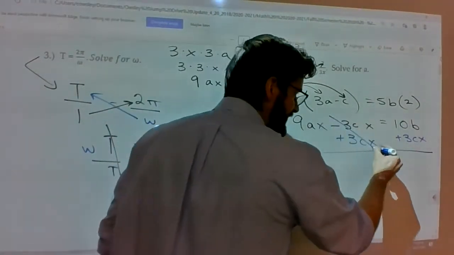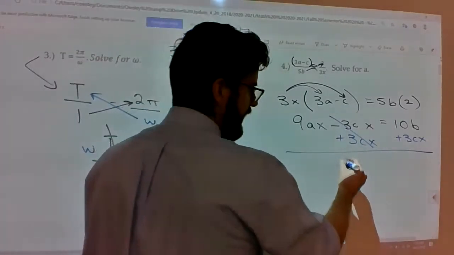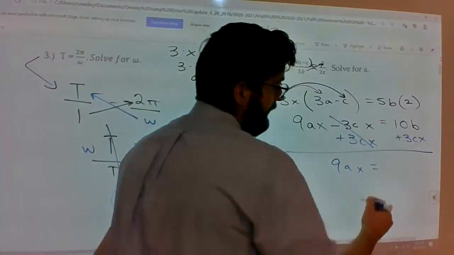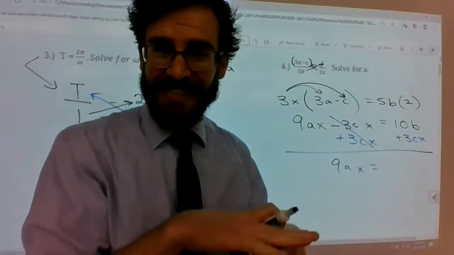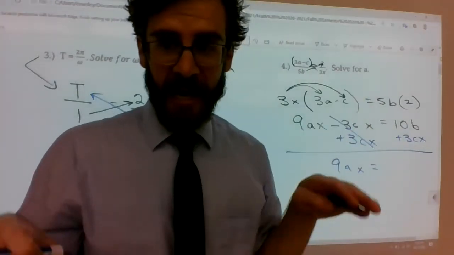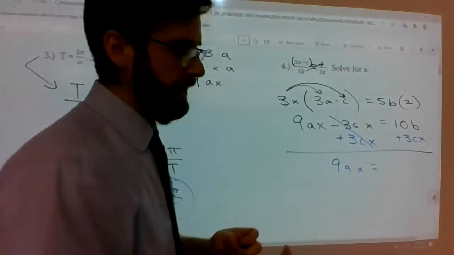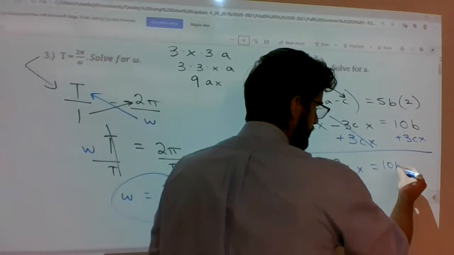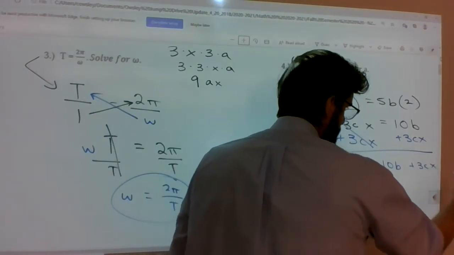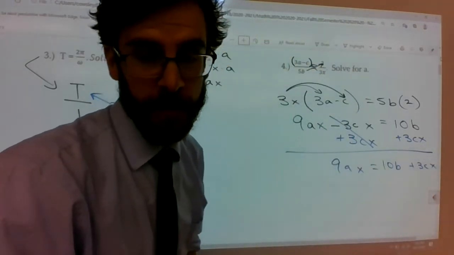So that completely gets rid of it on the left. I've got 9ax on the right. 10b and 3cx cannot combine. So I'm just going to rewrite them as 10b plus 3cx and not attempt to combine them because you can't do it.